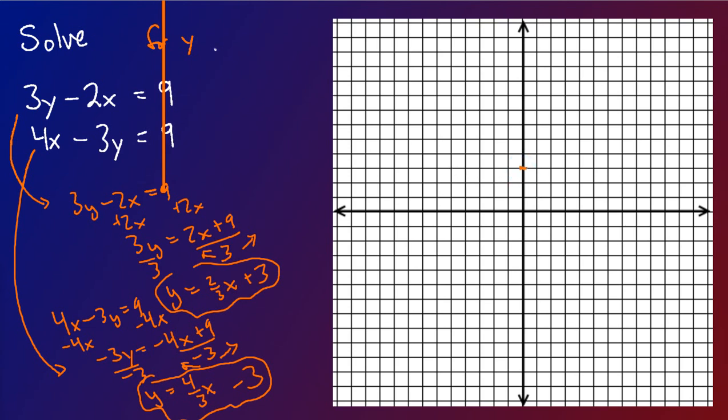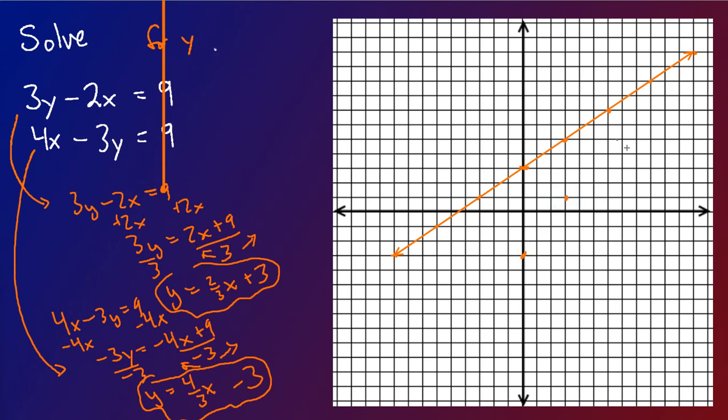So the first one has a y-intercept of 3 and a slope of 2/3, so up 2, right 3. And always graph left to right first, and then you can reverse it if necessary. It's not really necessary here, but I did it anyway. And we'll graph the other one. Has a y-intercept of negative 3 and a slope of 4/3.